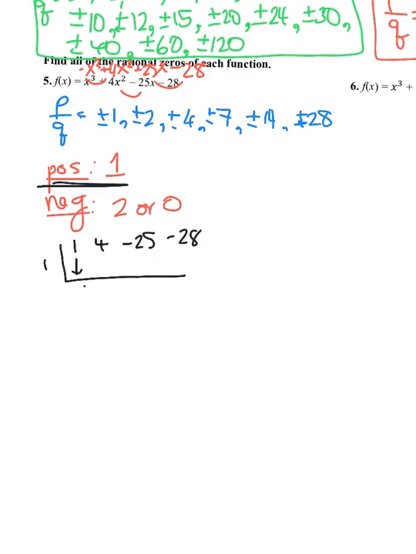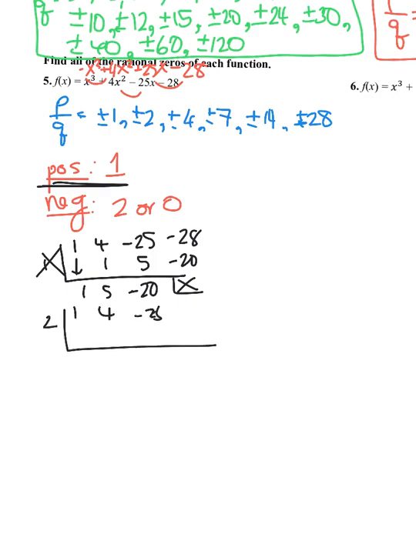And do synthetic division. And already I can see I'm not going to get 0, so that one doesn't work. All right, so let's try 2. That one's not 0, so that doesn't work.